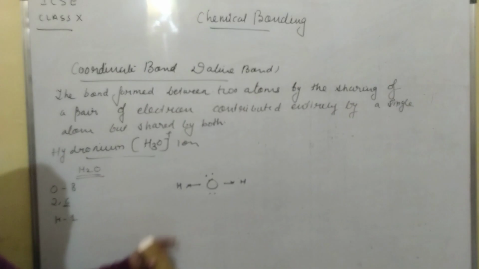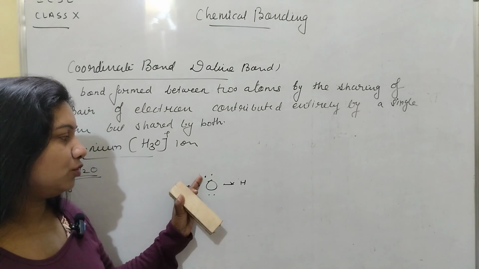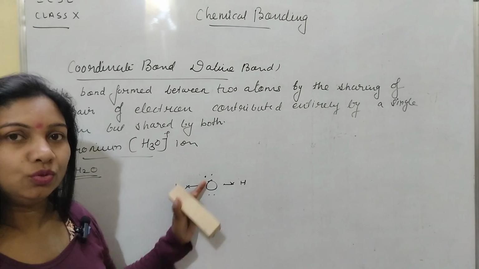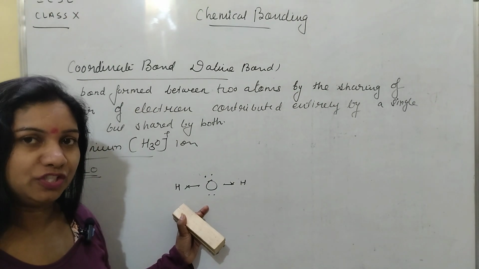The water molecule is formed of 3 atoms, 2 hydrogen and 1 oxygen. Oxygen's atomic number is 8, configuration 2, 6, and hydrogen is 1. So you can see that oxygen is 2 electrons short of completing the octet. From the structure of the water molecule, you can see that this oxygen has 2 lone pairs of electrons, and so it is ready to donate a lone pair to another atom which needs it.